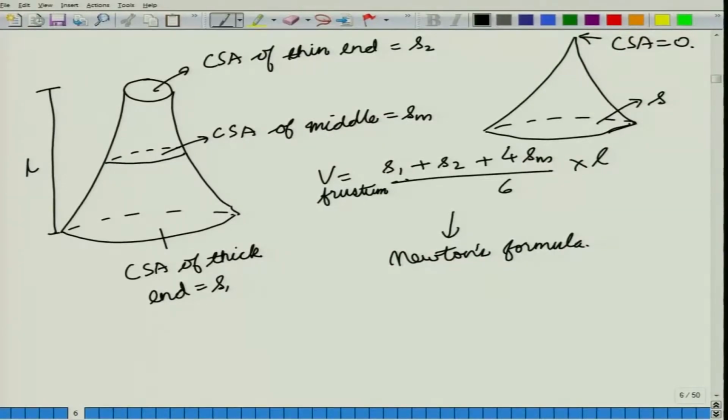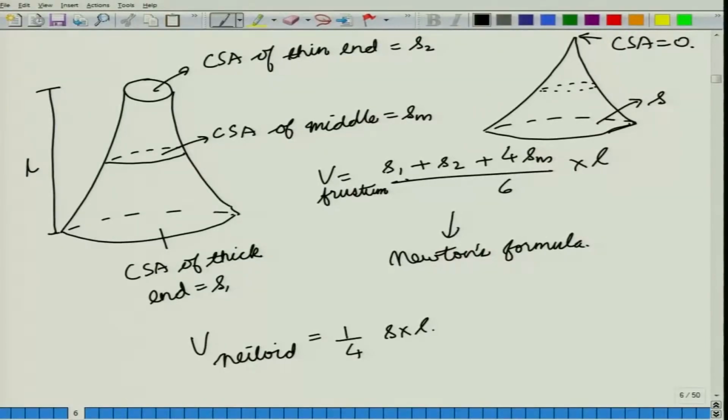In this case, at around half of it, Sm will be roughly equal to half of S, and that will give the volume of the neiloid as 1 by 4 S into L. So, this is the volume of the full solid.